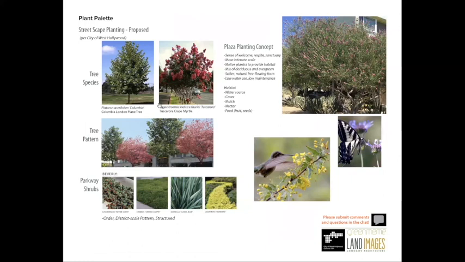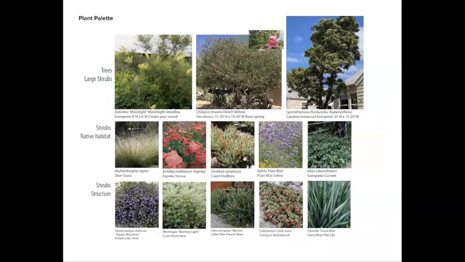Planting: we are part of the streetscape project, and that plant palette is shown on the left. We want to be part of that, but we also want to stand apart a little bit and create something that's a little more native plant and habitat oriented, with planting that's maybe a little looser and freer, but at the same time also picks up some of the elements in the streetscape.